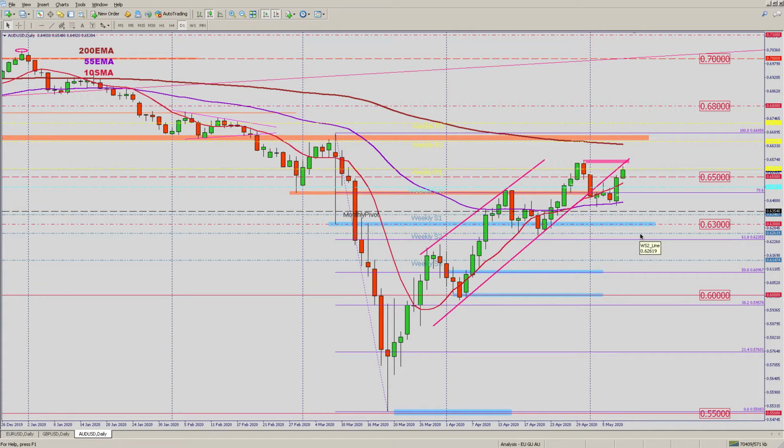All right. So the key news for the Australian economy will be the unemployment report or jobs report on Thursday, and we'll see how significant that is going to be.